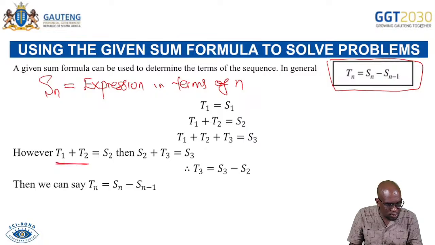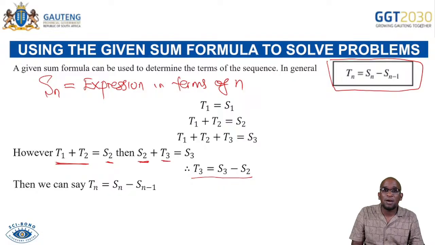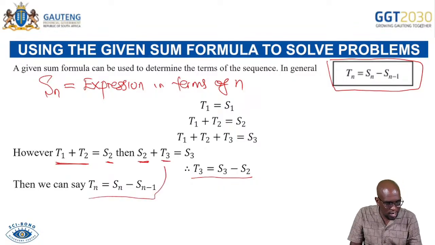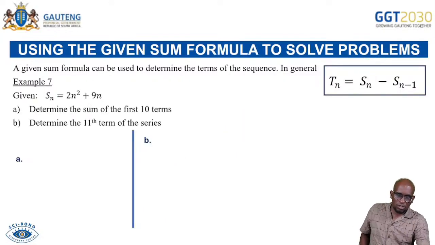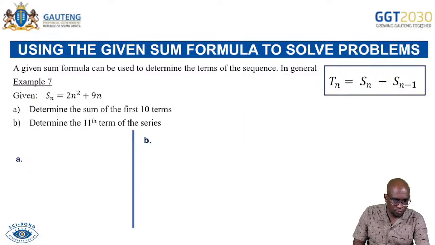However, T1 plus T2 is S2, which means that S3 would be S2 plus T3, which means T3 is S3 minus S2, and hence Tn would be Sn minus Sn minus 1. So that is the formula we'll be using if we are given the sum to a specific number of terms there. Now let us look at an example.